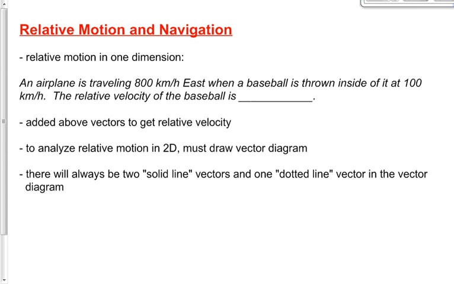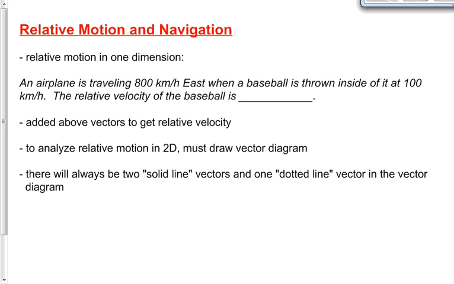The goal, if you remember, is always to get a right-angled triangle, a vector diagram drawn as a right-angled triangle. Then we can find the resultant, which will be the relative velocity, by using the Pythagorean theorem and the inverse tan function, just like we did on the quiz, except that was in the context of displacement, not velocity.